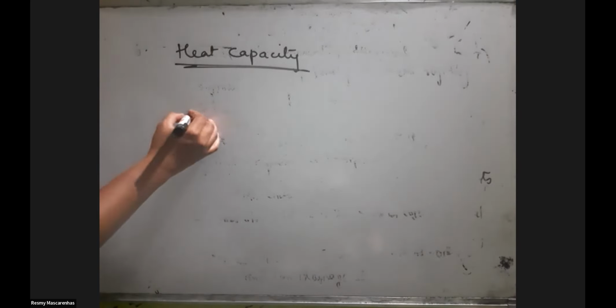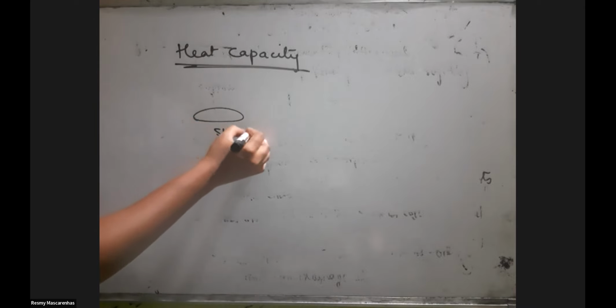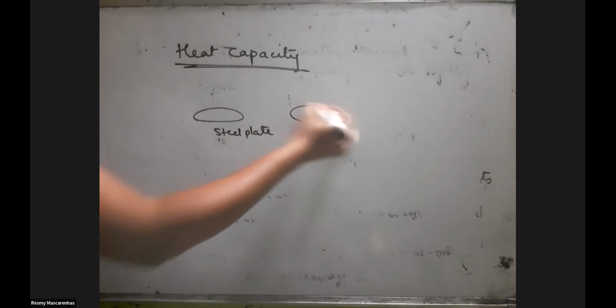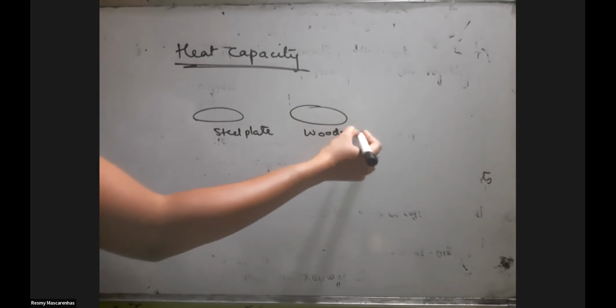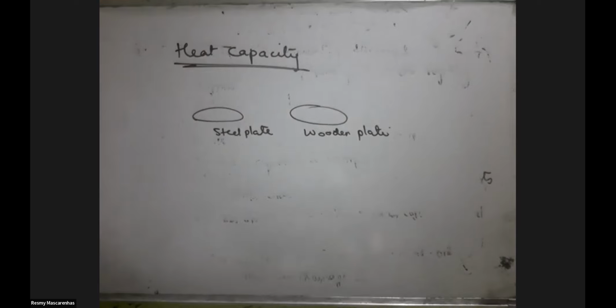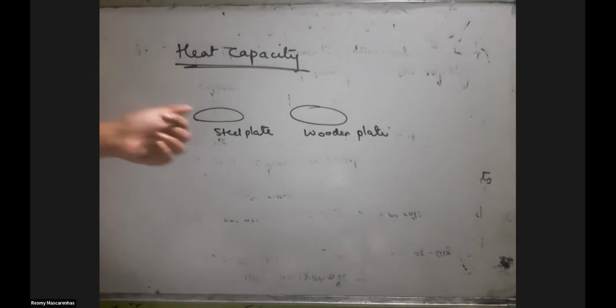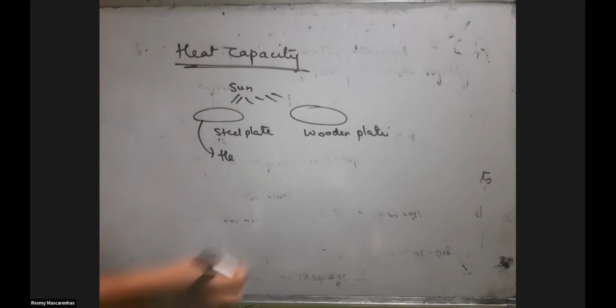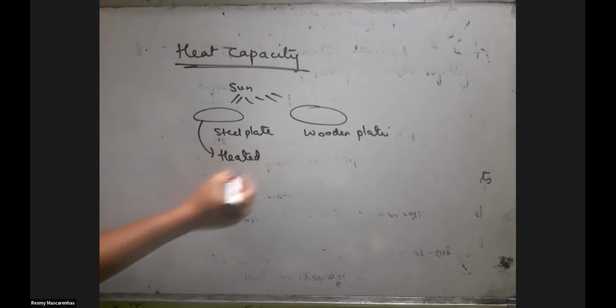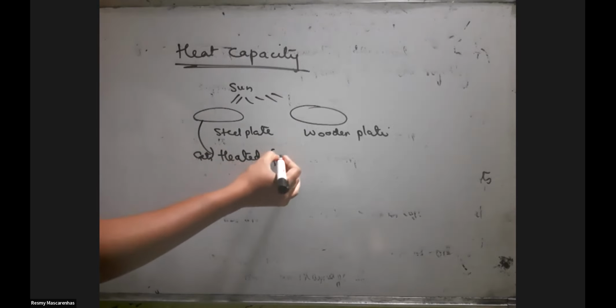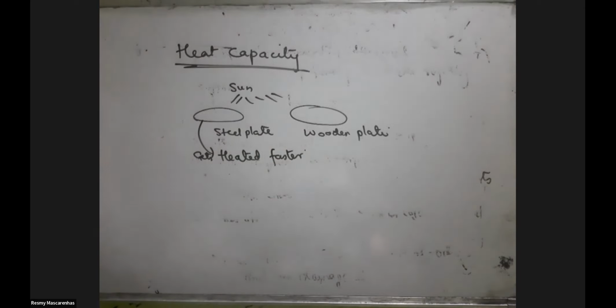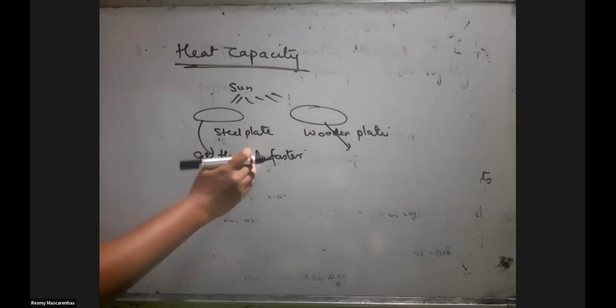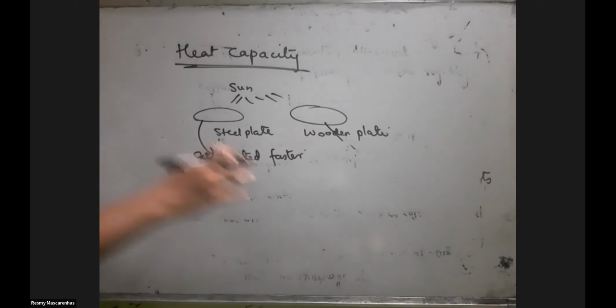In the sun, suppose you keep a steel plate outside, and you keep a wooden plate. Obviously you know that the steel plate will become hot faster. So there's the sun, and this will get heated faster, whereas the wooden plate comparatively will take some time compared to the steel.